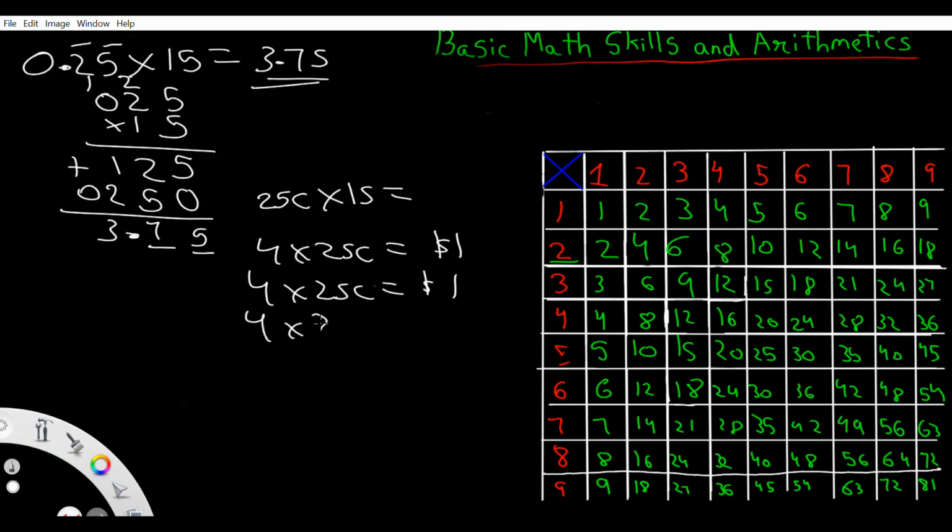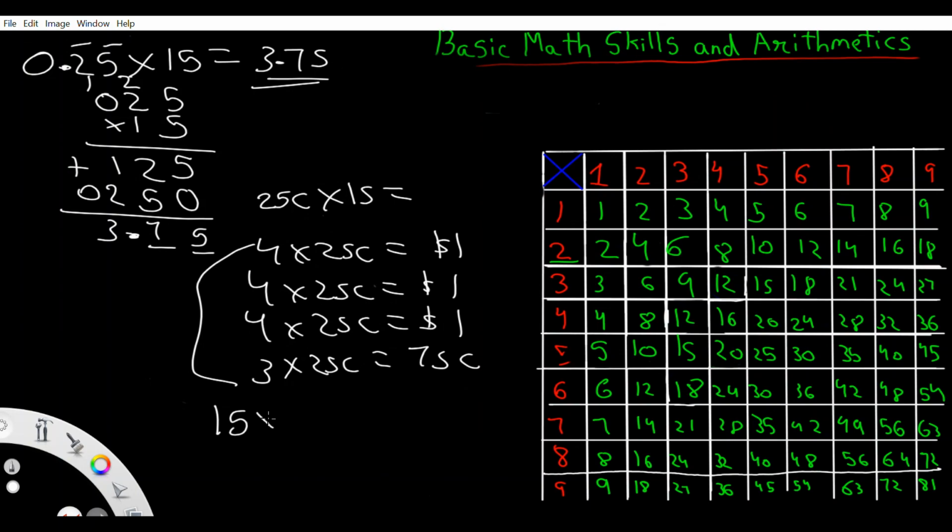And another 4 times 25 cents. And now we need 3 more. And in this case, it makes 75 cents. Now if you add these values, we should get 15. And when we add these values, we should get $3.75.